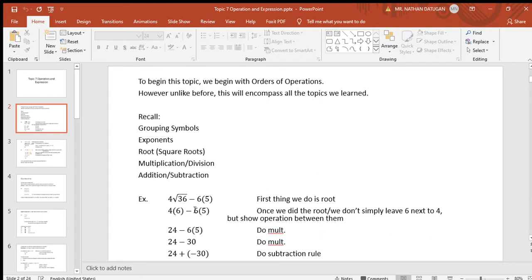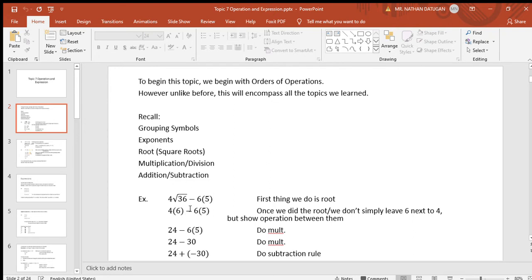We're not just going to leave it 6 with a gap between 4 and 6. We need to imply the operation between them. So we show a parentheses, or you can put a multiplication sign between them, as long as you show that we're going to multiply 4 and 6 later on.